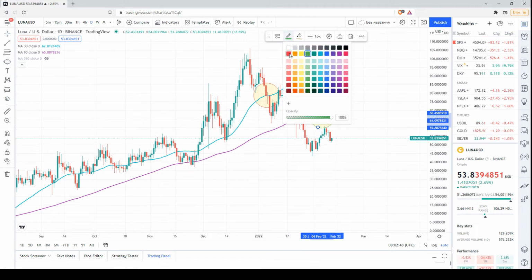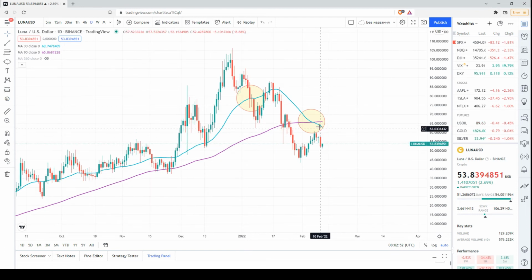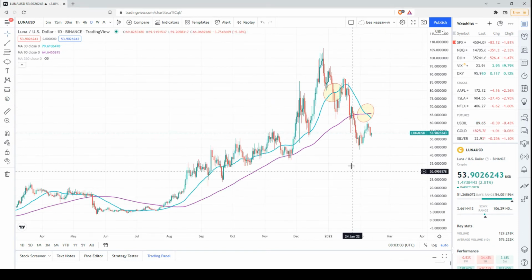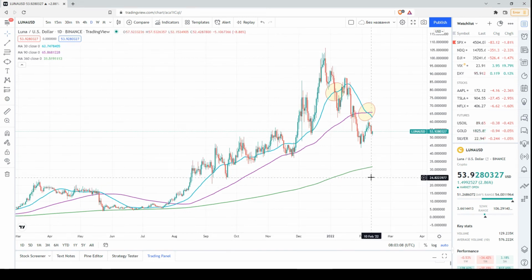So I want to highlight that it's a bearish signal. The price is below the two moving averages, the 1-month and 1-quarter, so the bulls have to be very cautious. However, if we look at the broader picture and add the 1-year moving average, it is heading upwards. The bullish trend continues.